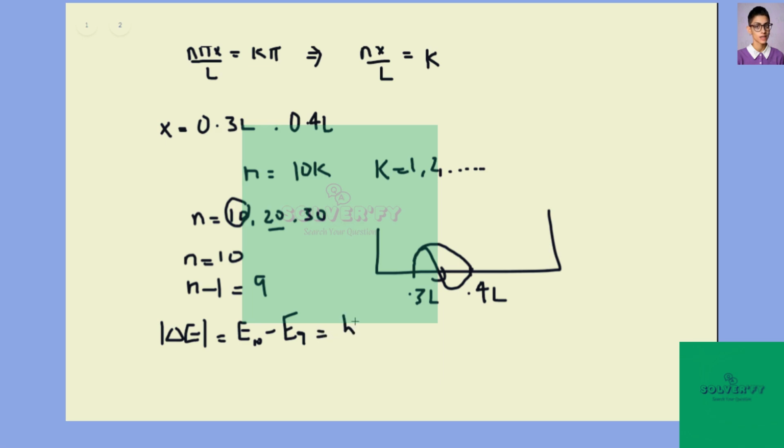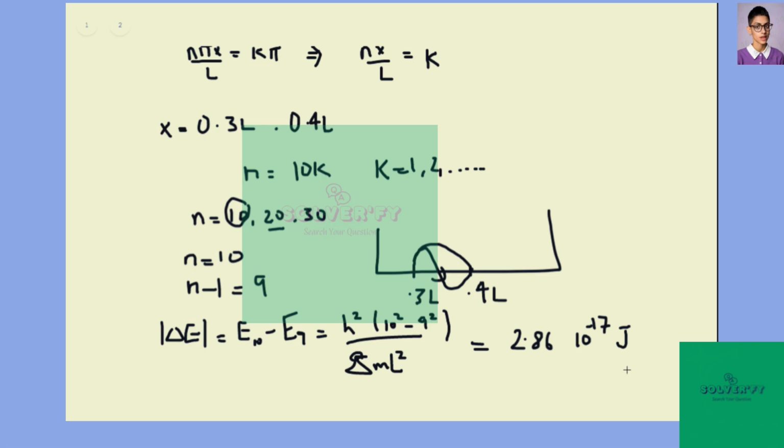We write that as h squared over... When we substitute the values that we have for L and for m and all the values, as well as Planck's constant, we get 2.86 times 10 to the power minus 17 joules.